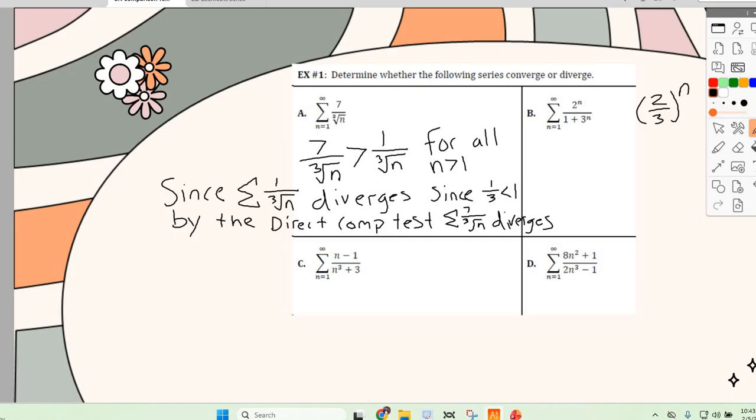It's convergent, right? Because our r is smaller than 1. Agreed? Are we all okay with that? So if we're going to say that this is convergent, then what do I need my original function to be? Smaller, right? My original function has to be smaller than that in order to also be convergent.